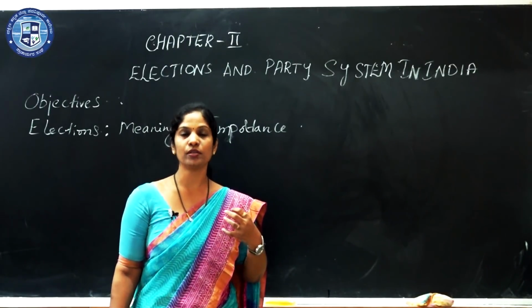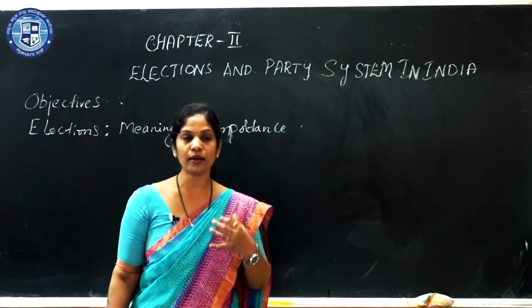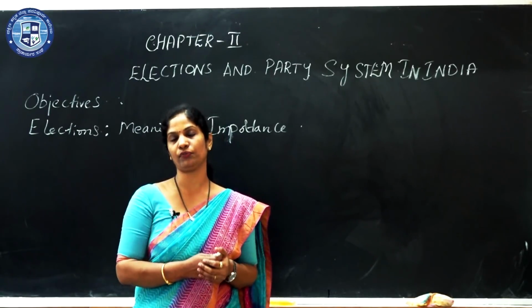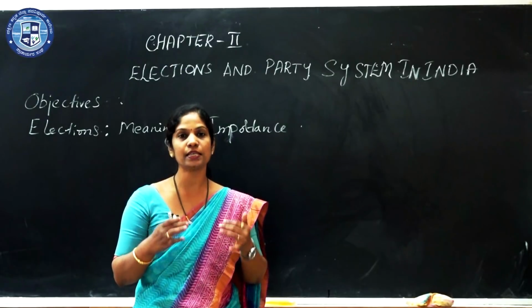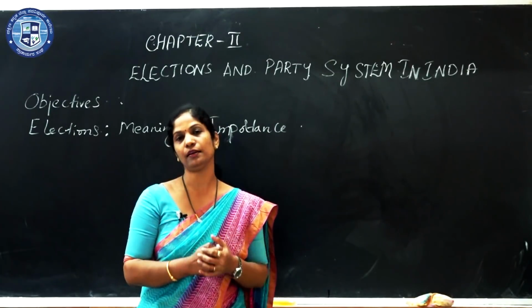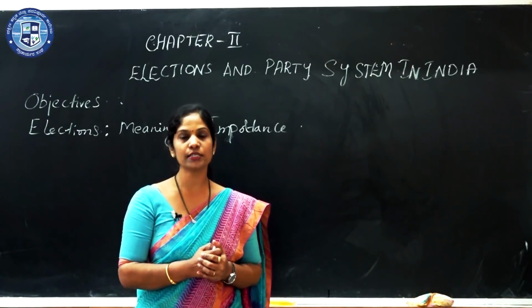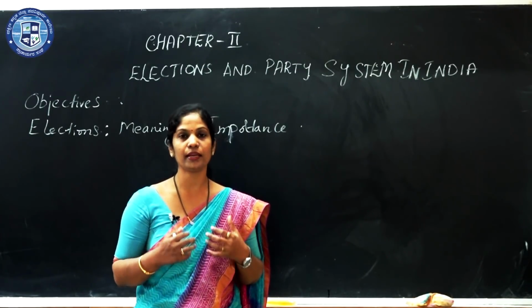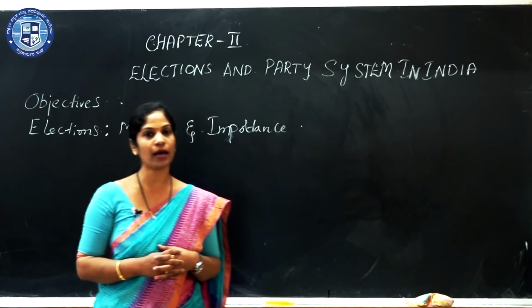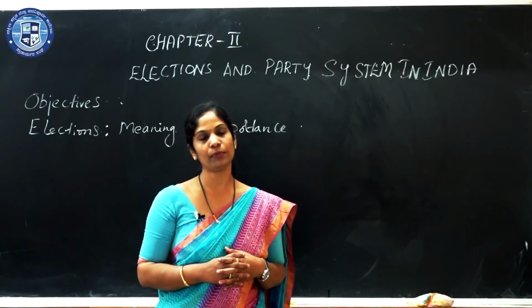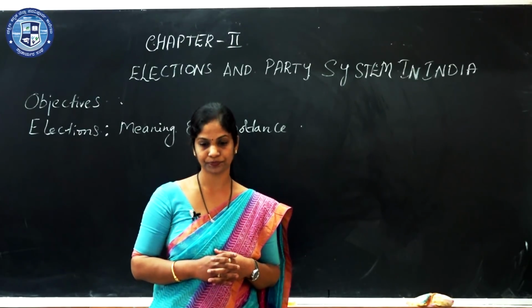To continue democracy, we needed certain amendments and reforms, so in this chapter we also focus on the various reforms undertaken by the democratic system, the Election Commission or the government.